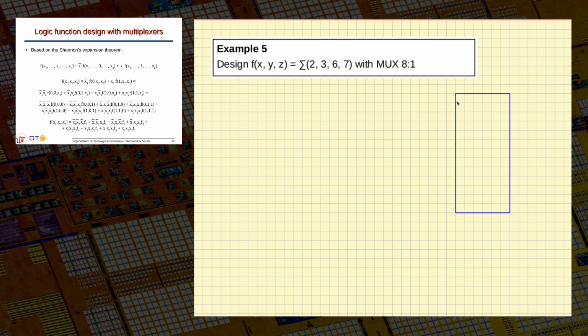We have 8 data inputs, 1, 2, 3, 4, 5, 6, 7, 8. And we have 3 selection inputs, 1, 2, 3, and this is the output of the multiplexer.